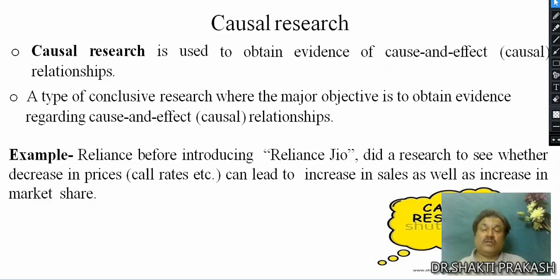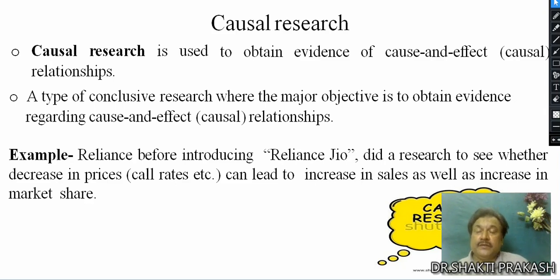This is causal. Causal research design is used to obtain evidence of cause and effect, causal relationships. It is a type of conclusive research where the major objective is to obtain evidence regarding cause and effect.